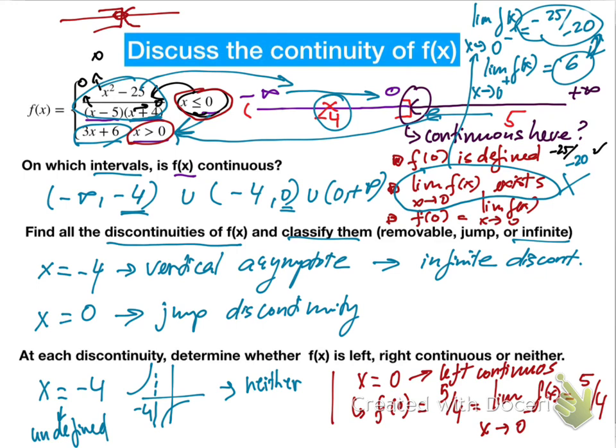Then you know that the function is continuous up to this point, so it just has to be left continuous at x equal to 0. All right, so this is an example of how to discuss the discontinuity of f of x.